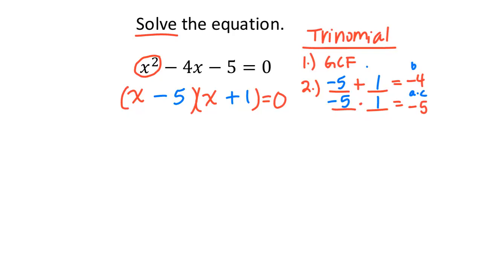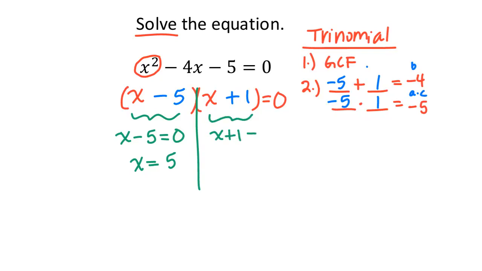And then to solve for x, basically now you make each piece equal to 0. So we would do x minus 5 equals 0. To solve for x, we would add 5 to each side, so that'll give us an x value of what? 5. And then do the same thing with this. x plus 1 equals 0.